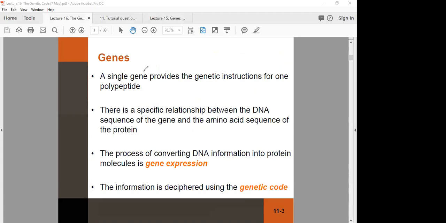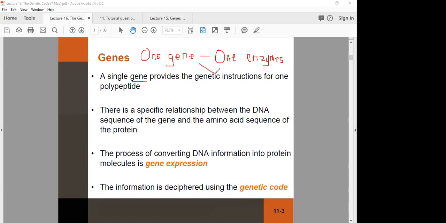That hypothesis was that one gene provides the genetic instructions for one enzyme, and they called this the one gene, one enzyme hypothesis. That's because they were studying enzymes, so they thought that all genes contained the instructions for synthesizing enzymes.